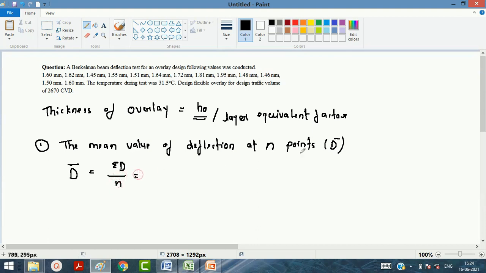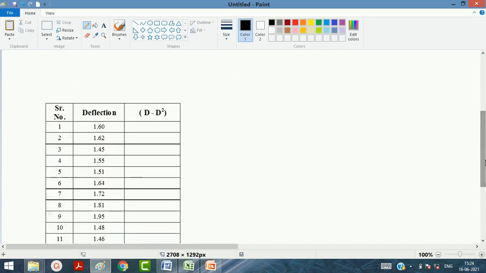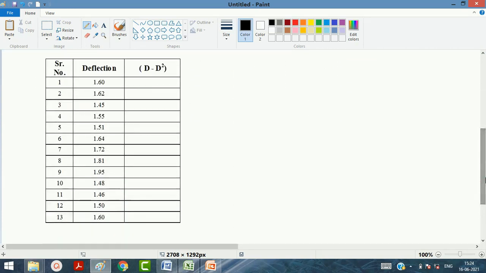How to calculate summation of d? Here are the values which were recorded. Summing all the deflection values, we get 20.89, and these values are in mm.